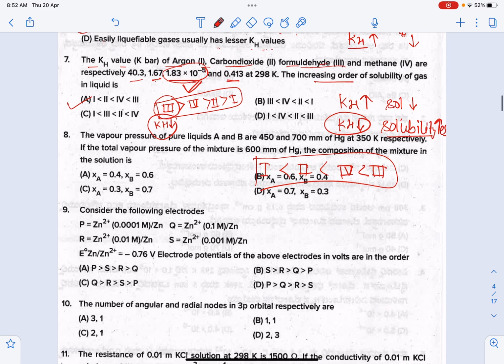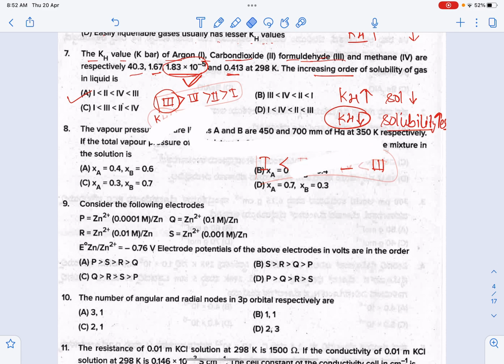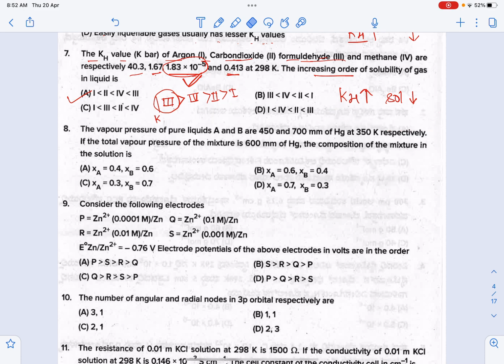Okay, now the next question we are asked: the vapor pressure of pure liquids A and B are 450 and 750 mmHg at 350 K respectively. If the total vapor pressure of the mixture is 600 mm of Hg, the composition of the mixture in the solution is. Let's solve.